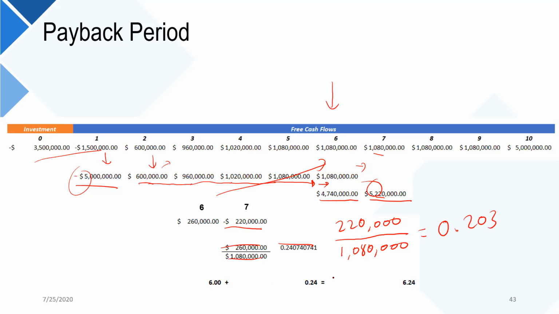So instead of this, you have 0.203, and the addition of these two is the payback period. So it will take you 6.23 years to recover this investment. That's the payback period, a nominal value. It's a really easy analysis, actually pretty easy.